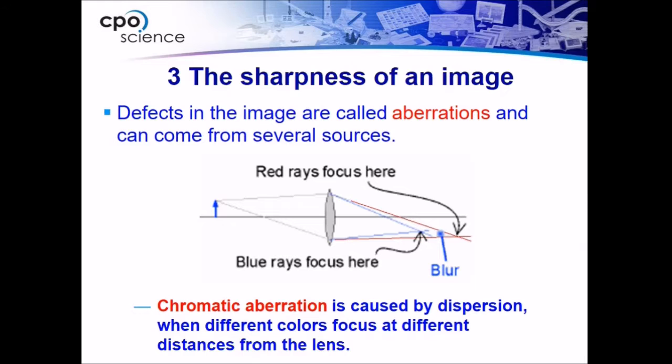Sharpness of an image: defects in the image are called aberrations and can come from several sources. The red ray comes to focus here, the blue ray focuses here, right? So chromatic, this is where it should be. This area is a blur area. Chromatic aberration is caused by dispersion, when different colors focus at different distances from the lens.